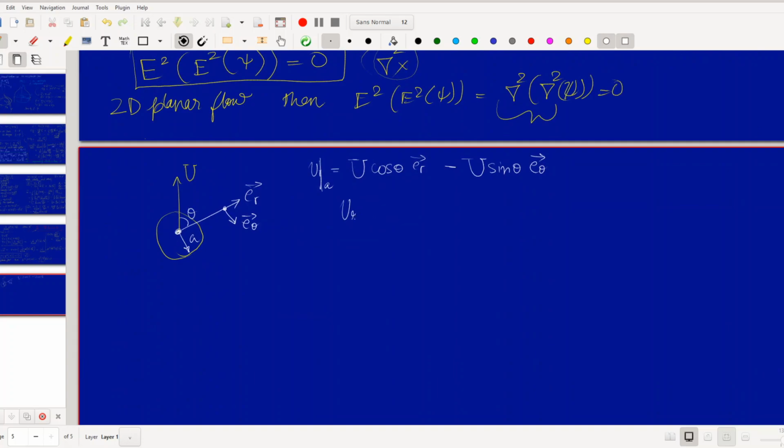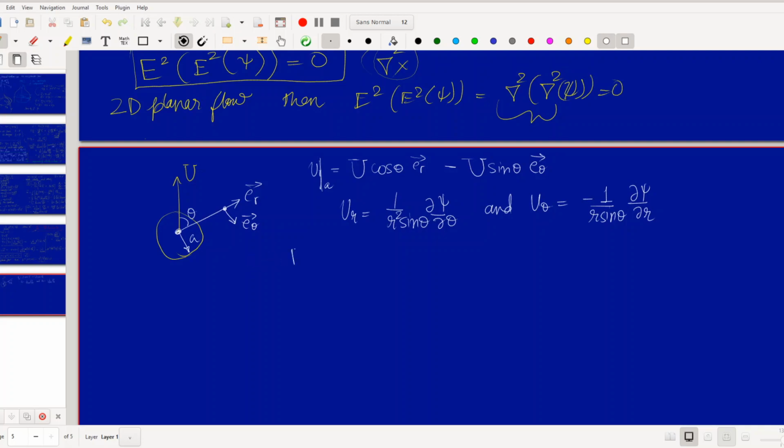So if we had solved for the stream function, these are the two velocity components, and the whole problem is to find out what psi is.